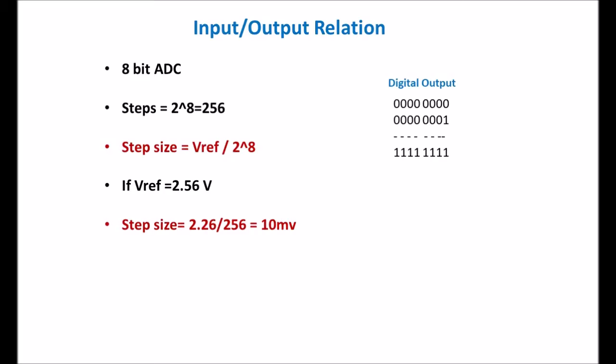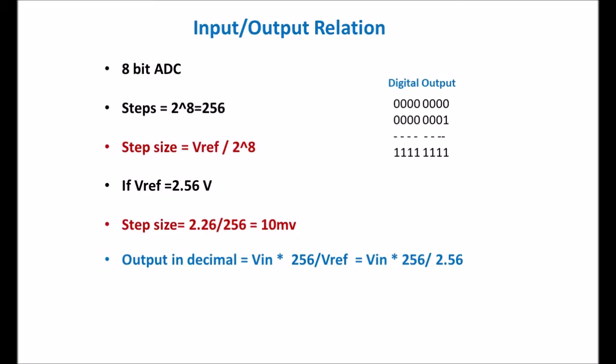But we can compute the decimal output using the formula V in into 256, that is 2 raised to power 8 steps, divided by the reference voltage. So in our case it is V input voltage into 256 divided by 2.56. This reference voltage can be up to 5 volt, that is the supply voltage.